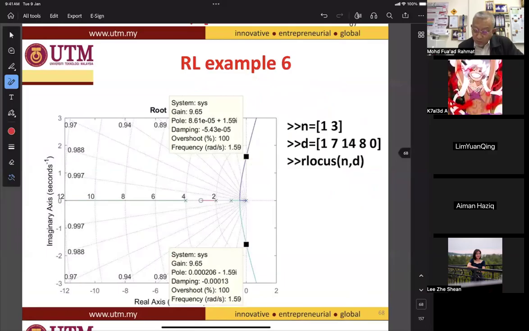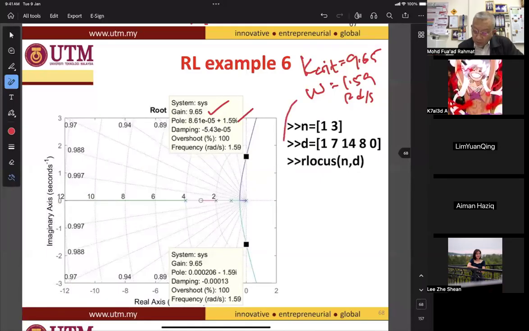Again, this is the simulation, to verify our answer. Just now K critical is 9.65 by calculation. By simulation, Alhamdulillah, is the same. And the pole value is 1.59, which gives you 1.59 radian per second.